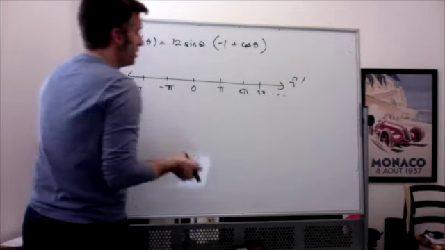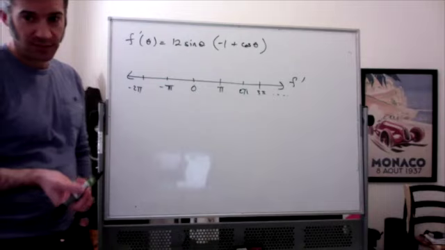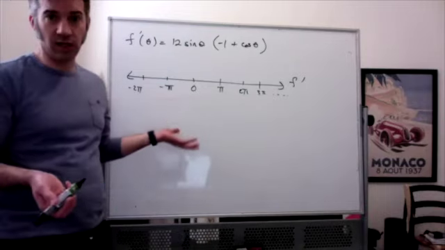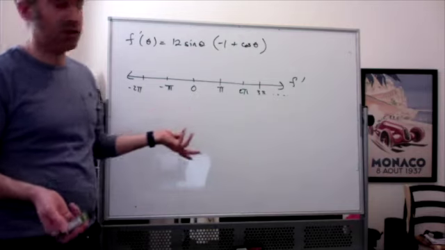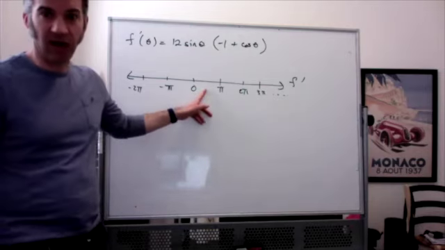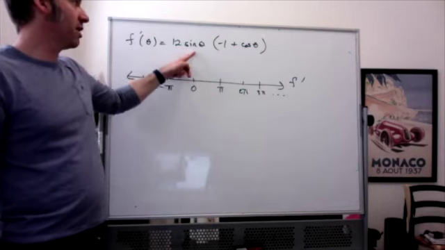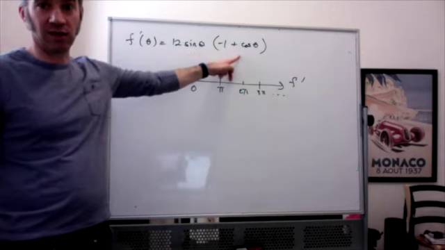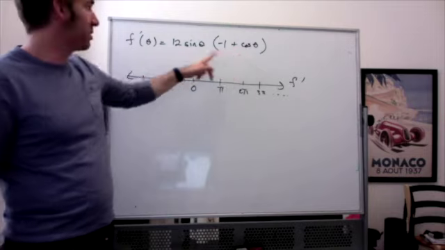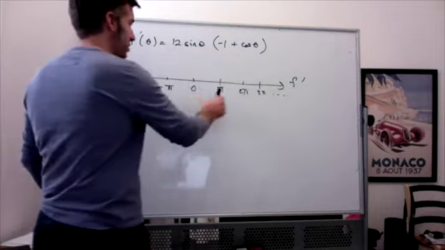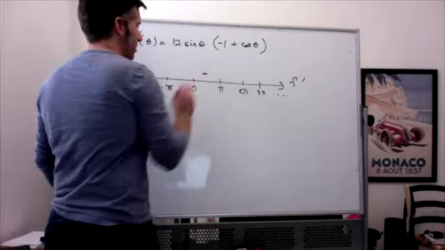You always want to pick something between each of your critical values. So I'm going to pick pi over 2. Sine of pi over 2 is 1, and cosine of pi over 2 is 0. So I get 1 times negative 1, which gives me a negative number. So between 0 and pi, it's going to be negative.